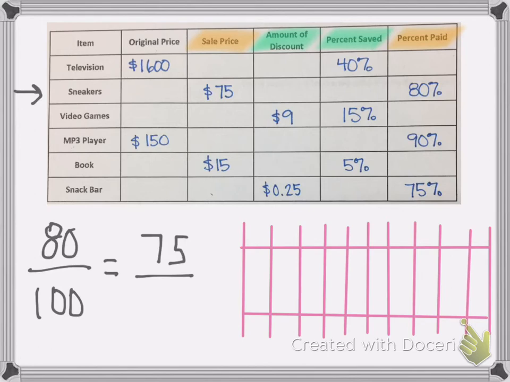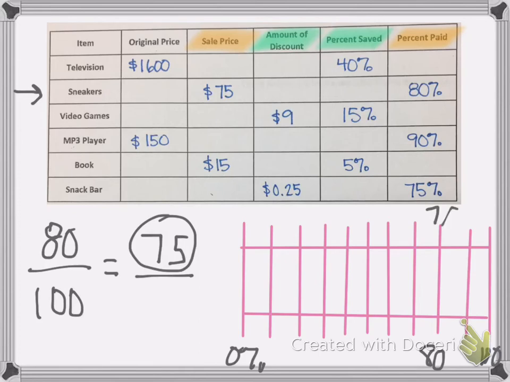So the one I'm interested in is right here at 80%. Remember, this is 0% and this down here is 100. And so 80 is what I'm really interested in. And at 80%, I know that the answer in dollars is $75.